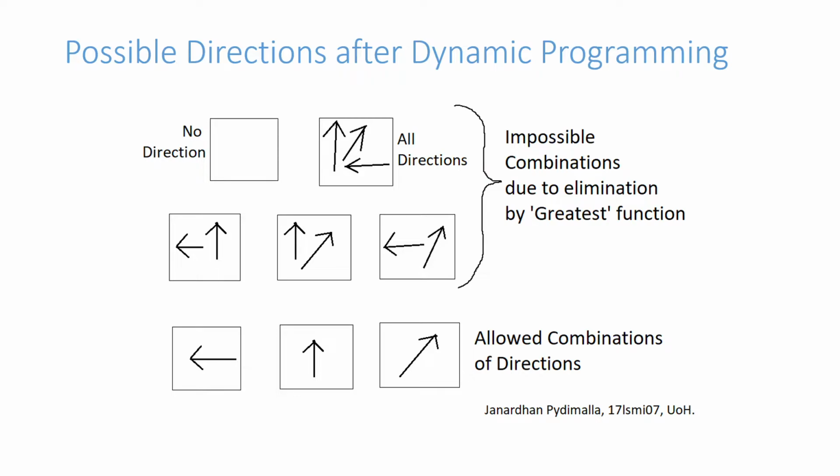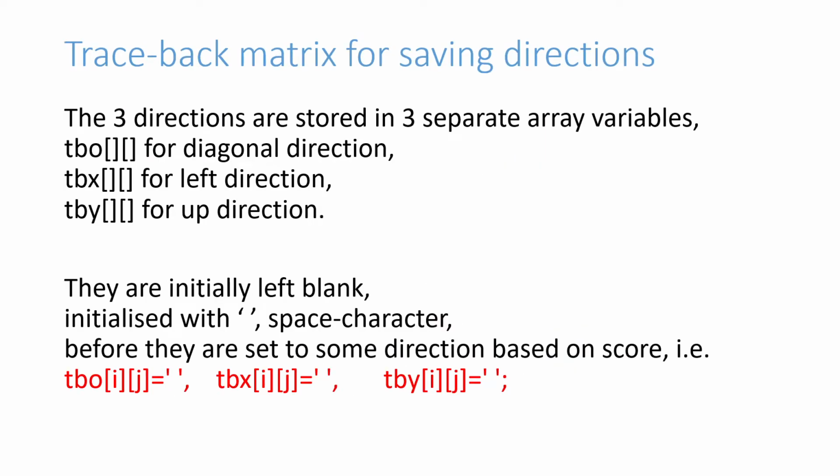See, multiple directions in each cell are eliminated by the greatest function. Only a single direction. We have only a single direction in each of the cells. Three directions are stored in three separate array variables, and initially they are by default blank.